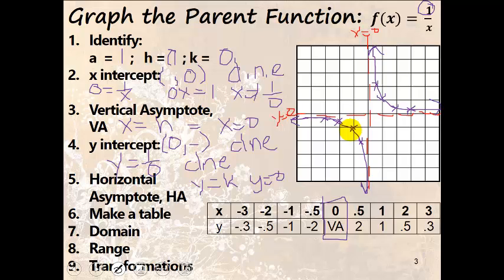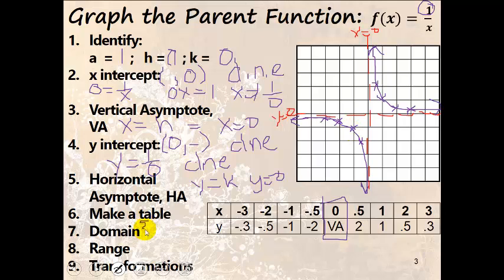My domain, I have lots to choose from for my domain. It's practically negative infinity to positive infinity. However, this asymptote right here, you have to exclude it, okay, because x will never equal 0. All right, so the way we write this, I'm going to let you write it in set notation because it can be grueling in interval notation.